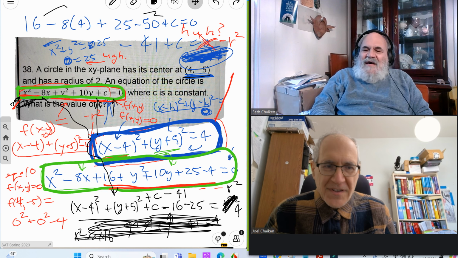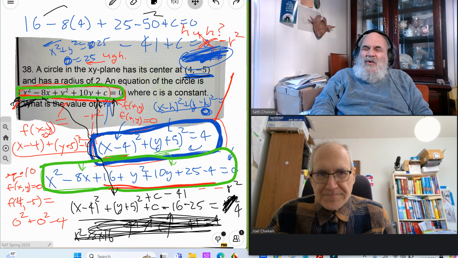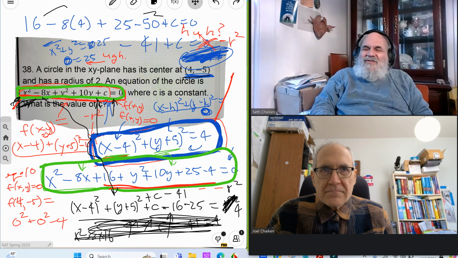And then a directly related question is to find another equation that reveals the center and the radius explicitly. And then the technique to solve that problem is to complete two squares.